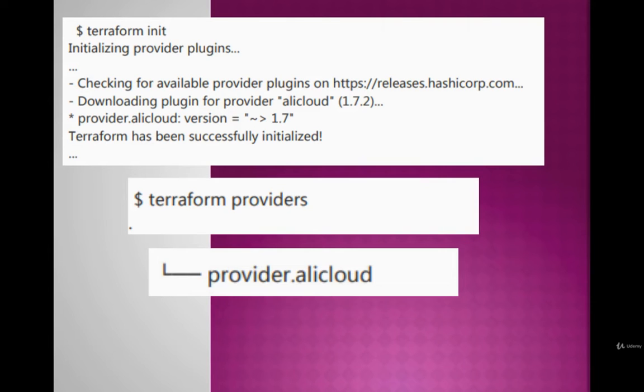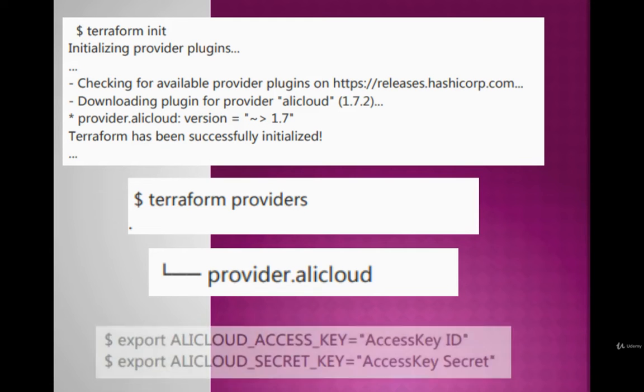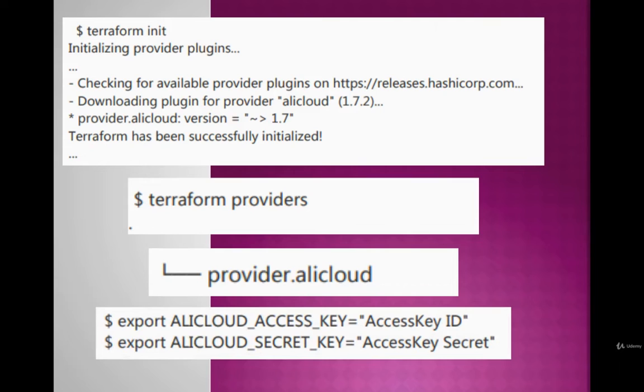Before running Terraform plan, you must first pass the access key ID and access key secret for authorization. As you can see on the screen, run Terraform plan to create an execution plan and help you understand the resources that will be created or changed.